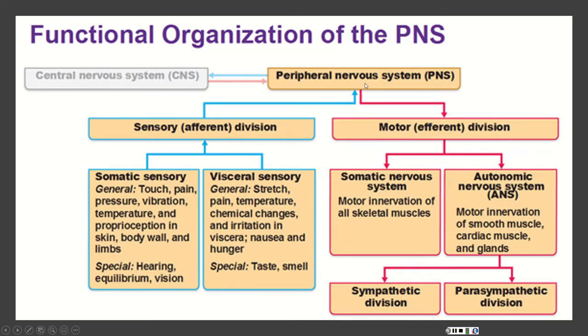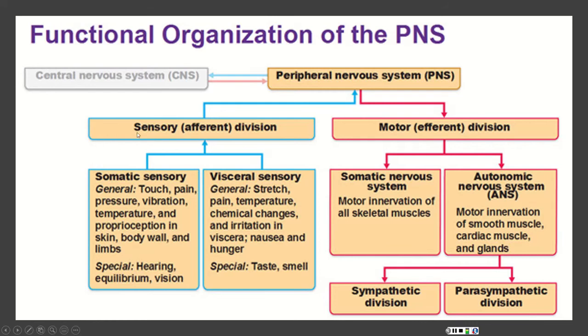Now, the peripheral nervous system is further broken down into different regions. There is the sensory half or the motor half. The sensory side of things, this is what's bringing information about your surroundings or about your body towards your central nervous system.